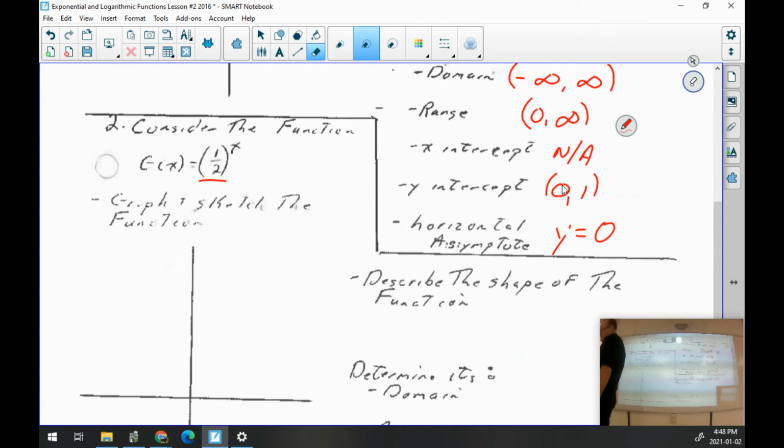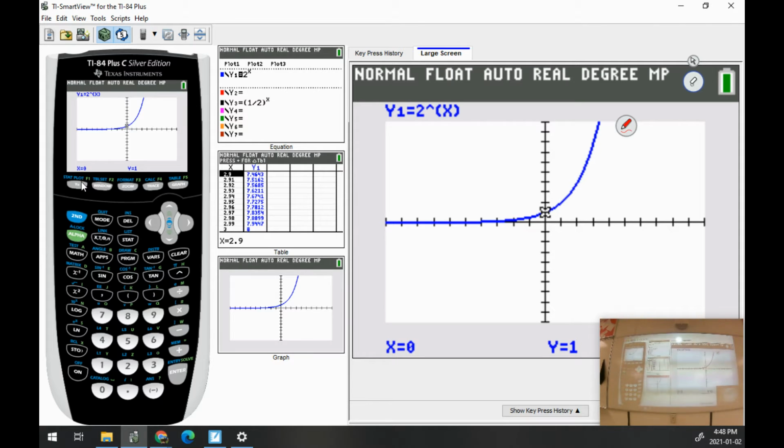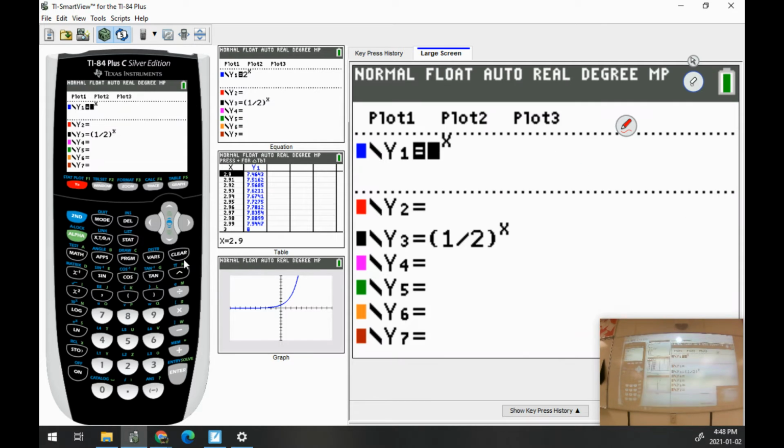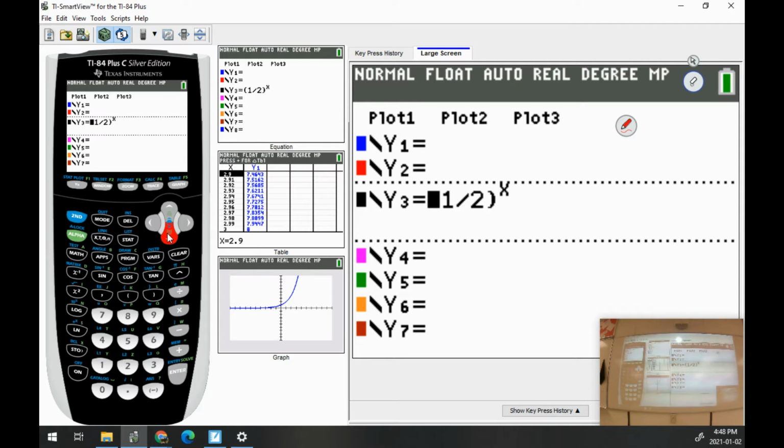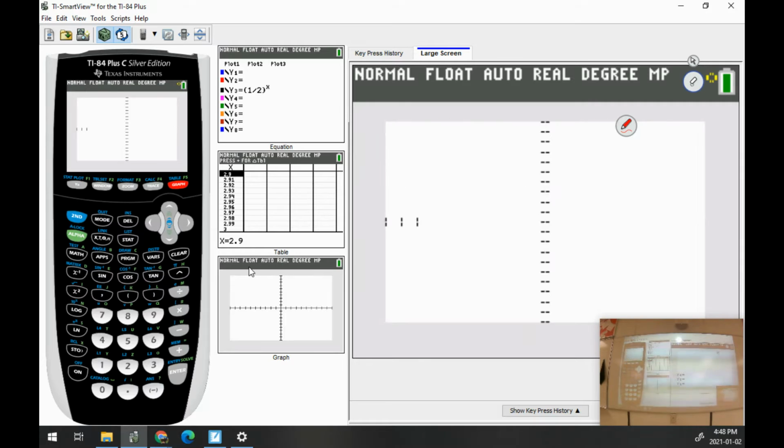Now, if I go ahead and graph the next one, my graph looks an awful lot the same, but it's flipped.